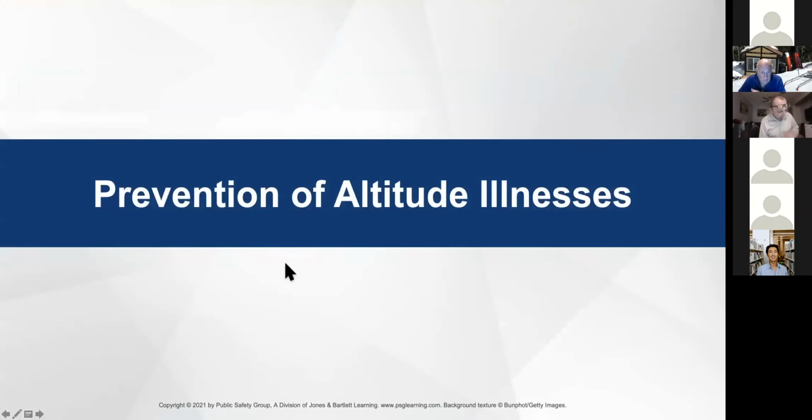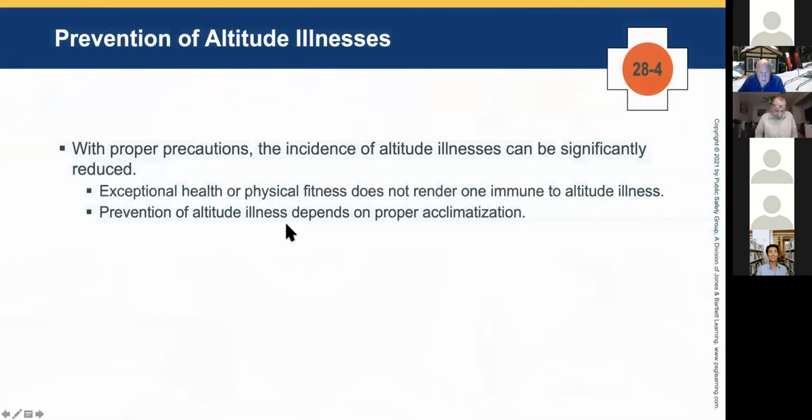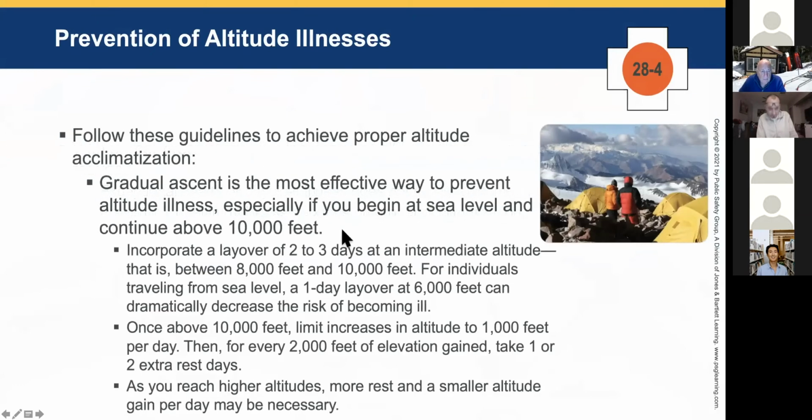The best way to achieve proper acclimatization is gradual ascent. If you begin at sea level, continue to above 10,000 feet, incorporate a layover of 2 to 3 days at an intermediate altitude, between 8 and 10,000 feet. For individuals traveling from sea level, a 1 day layover at 6,000 feet can dramatically decrease the risk of becoming ill.